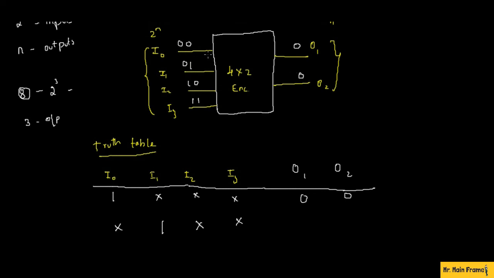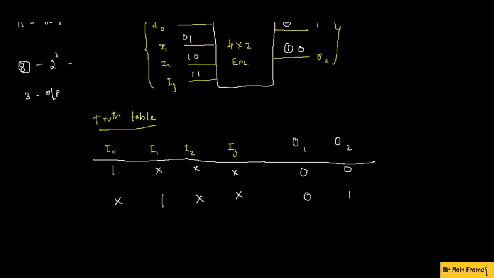Now all the other lines can be considered as don't care terms. So I1 will be carrying this 0 1, and that will be transmitted to O1 and O2. Now O1 will be carrying 0 and O2 will be carrying 1, right? That is shown here. So O1 is 0 and O2 is carrying 1.